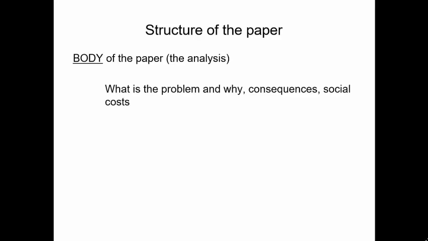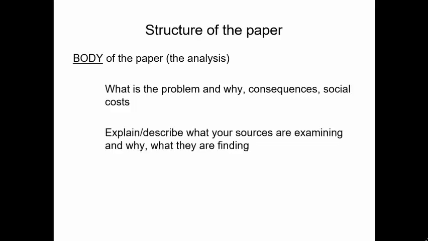The body of your paper is by far the most important, so typically the rest of your paper, except for perhaps the last page or so, is going to be the analysis of this topic. What is the problem and why? What are the consequences? What are the social costs? What you're doing here for the body of your paper is that you're using these credible academic sources to explain and describe what they are examining.